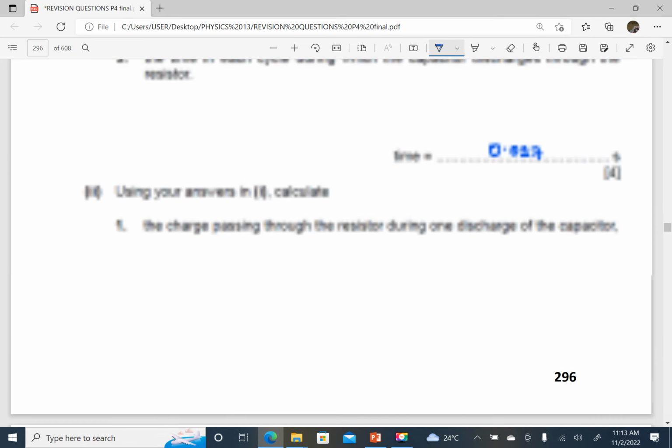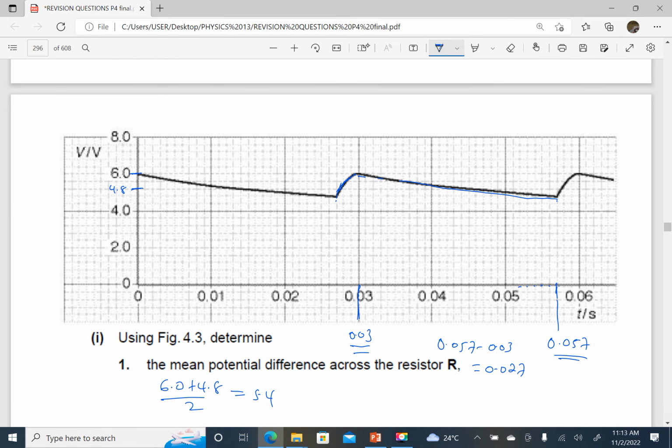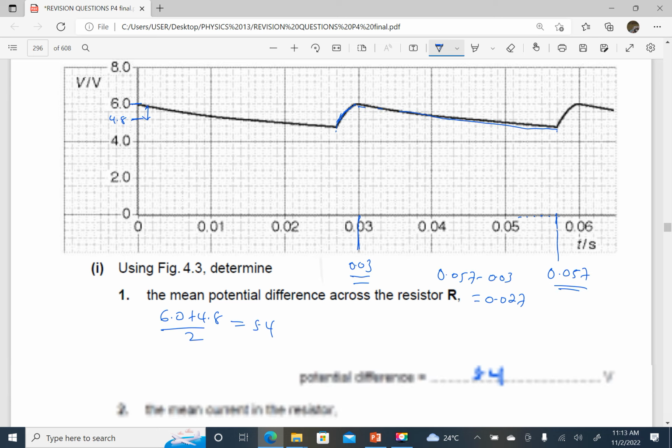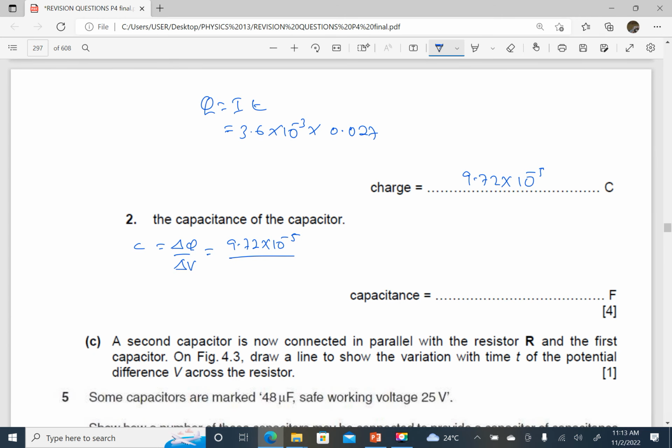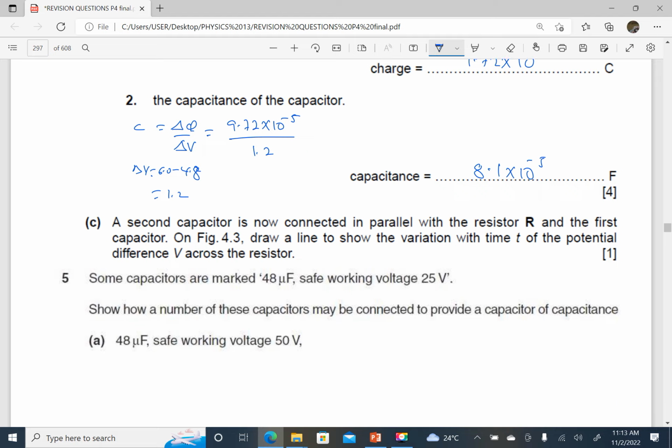From the graph, the difference in PD during discharge, delta V, is 6.0 minus 4.8, which is 1.2 volts. So when I press the calculator and divide by 1.2, it gives me 8.1 times 10 power negative 5.